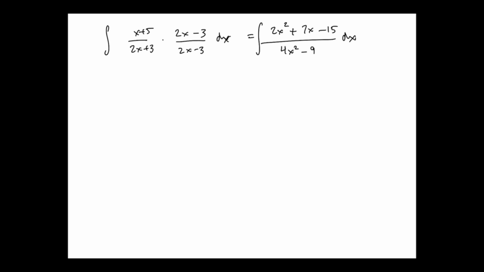Okay. We could do polynomial long division at this point, but if we could do it here, why wouldn't we have just done it in the beginning? Okay. So it doesn't look like that's really going to help. I mean, it's true that those things are equal, but it didn't help.